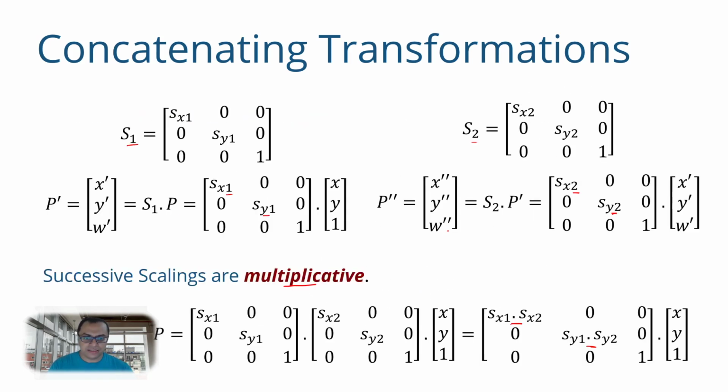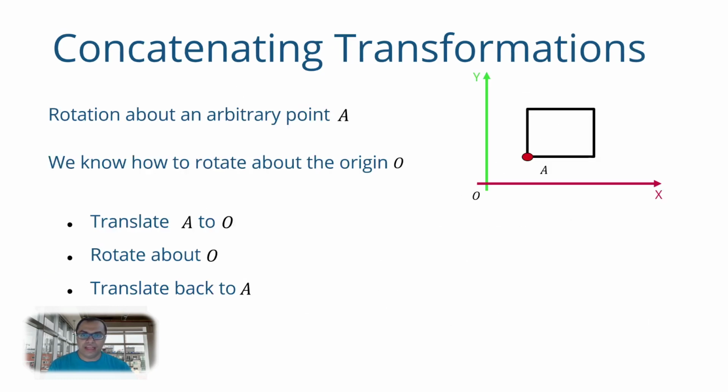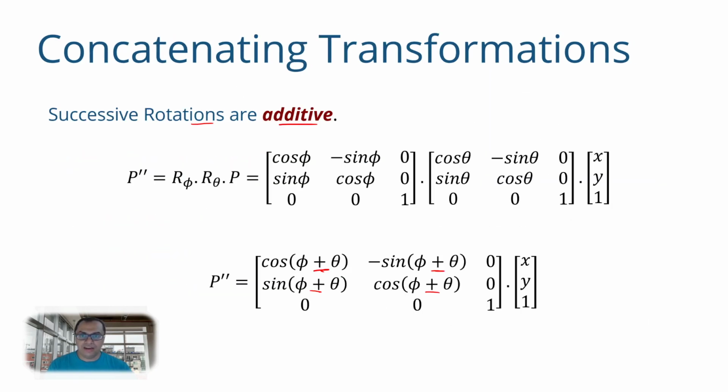Similarly, for scalings, it will not matter whether you have Sx1 into Sx2 or Sx2 into Sx1. The result is going to be the same. However, in general, transformation products are not commutative. So AB is not equal to BA for transformation products, right? And we will re-establish this point in a moment.